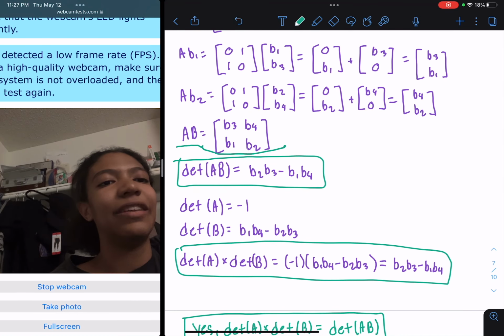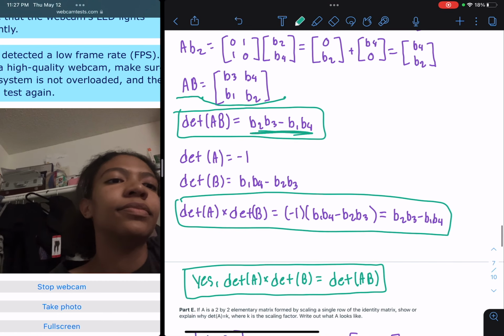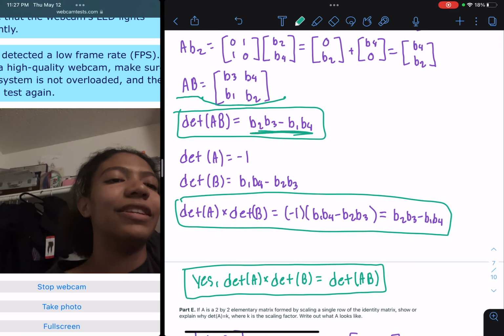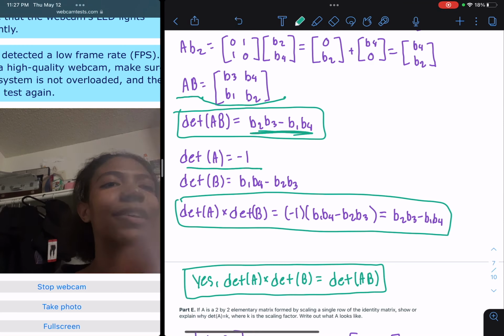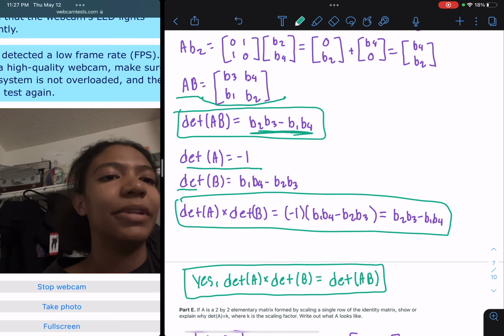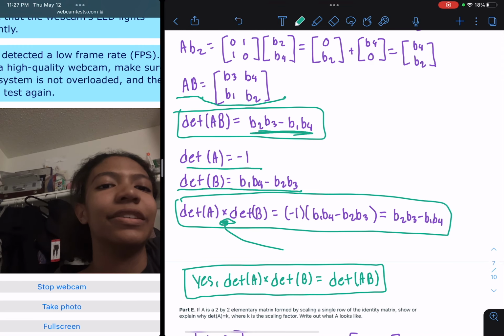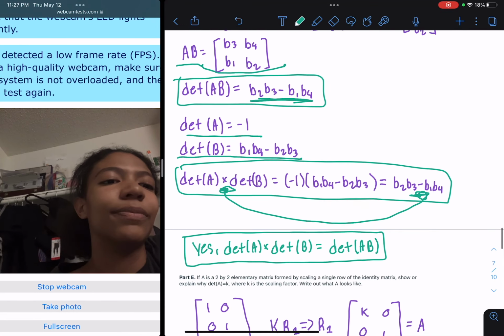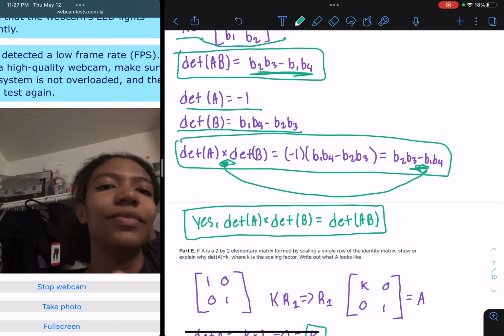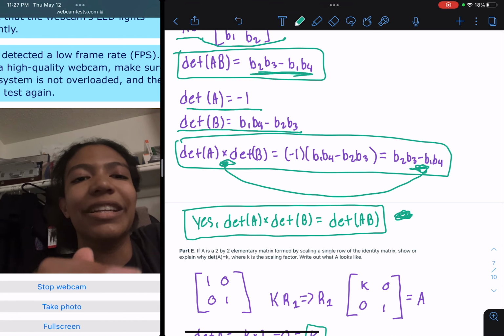And the determinant of that was this. And then you have the determinant of A, which is -1, which we found in the last question. And then the determinant of B, which is this. And if you multiply those two together, you get the same thing as the determinant of AB. So yes, the determinant of A times the determinant of B equals the determinant of AB.